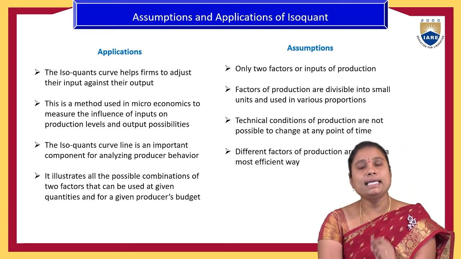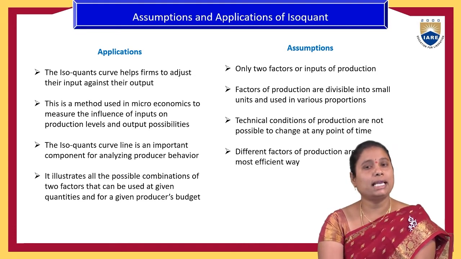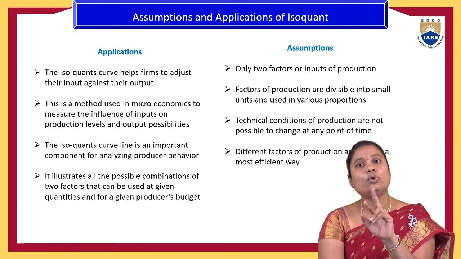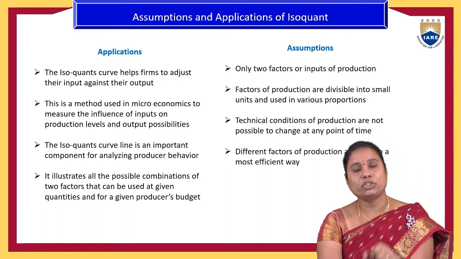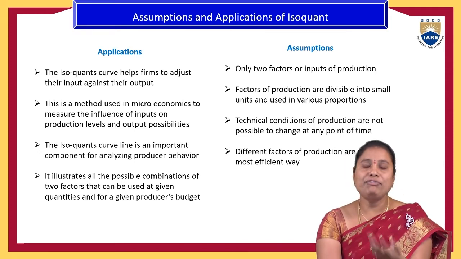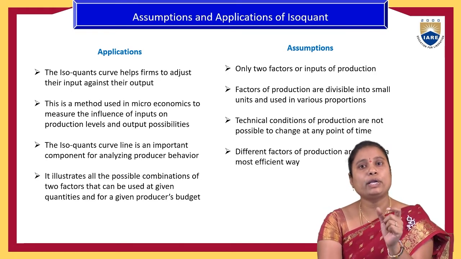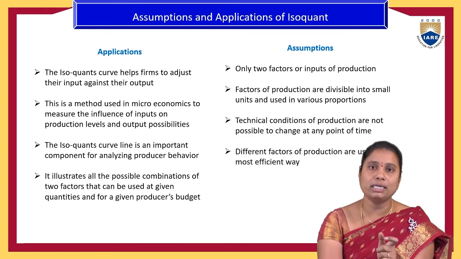And technical conditions of production cannot change at any point of time. Which means if two variables are changing in the production function, the third variable remains constant. If not, it will become multivariate and may not give an accurate measurement of the quantities impacted by the inputs.